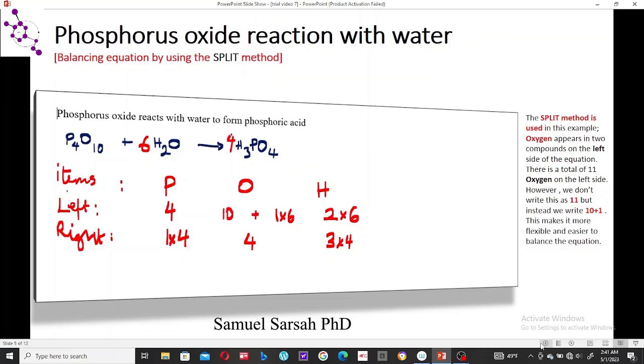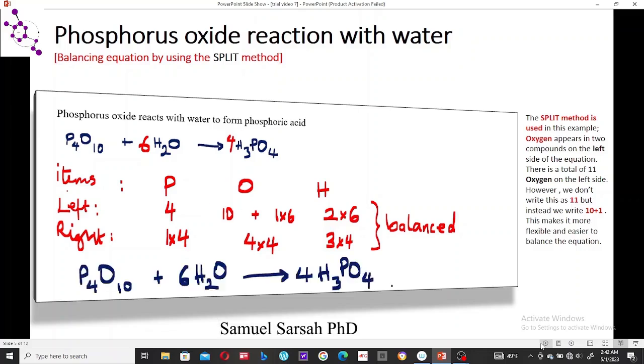Now we already have 4 here, which is affecting this. So I forgot to apply this by 4. You see that 4 times 4 is 16. So the oxygens are now balanced. Now everything is fine. So the equation is balanced. Now we can rewrite the equation again. So that's a balanced equation.